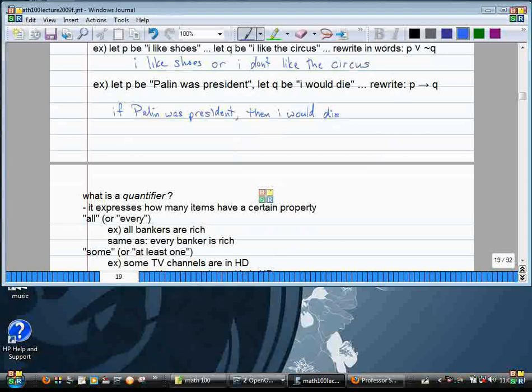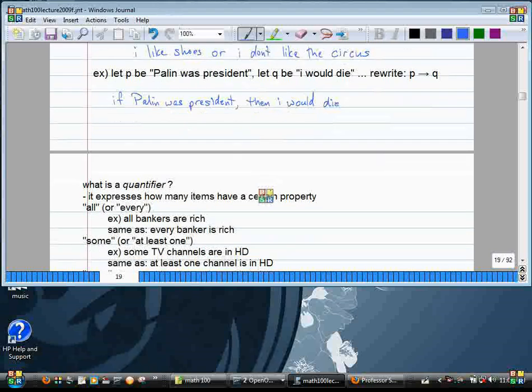So an equivalent way of saying this is at least one channel is in HD. So notice that this would cover, for example, if there's one channel in HD or if there are 10,000 channels in HD. Logically, you would represent both of those by saying some channels are in HD.